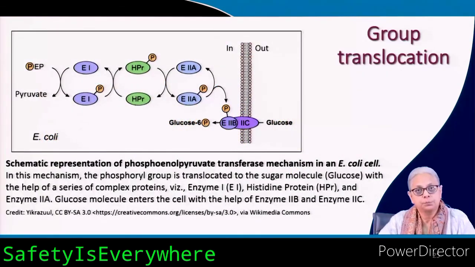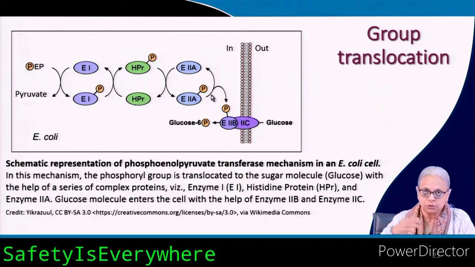So then we have group translocation. We have phosphoenolpyruvate, which is being converted to pyruvate, mediated by the first complex, the enzyme 1 complex. Then you have the histidine protein, which will pass the phosphate from one complex to the histidine protein to the second enzyme complex, E2A, E2B, E2C.